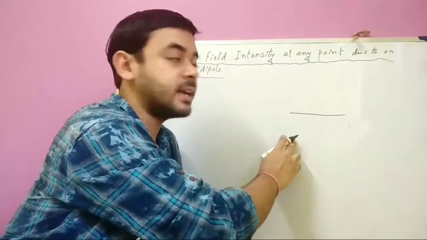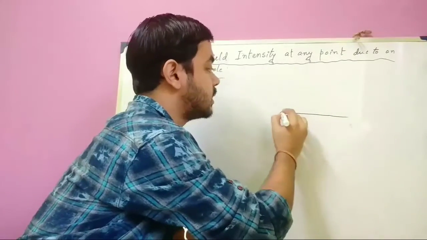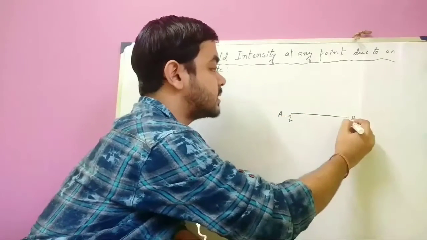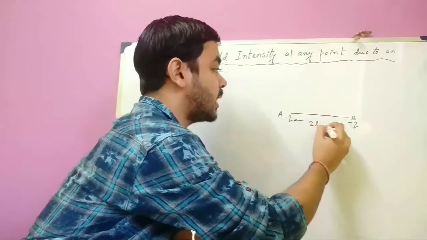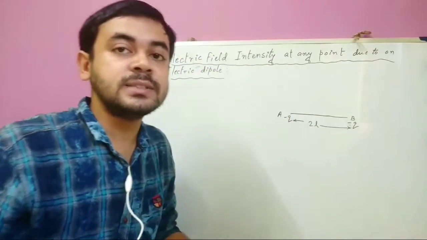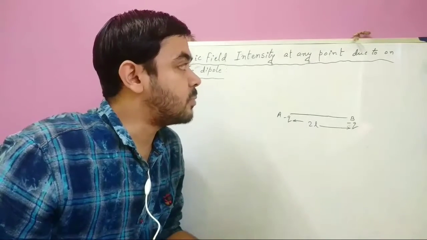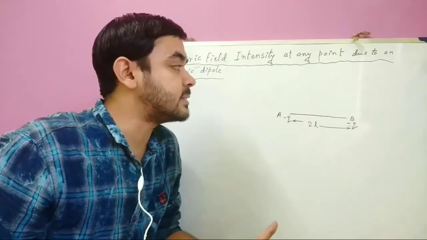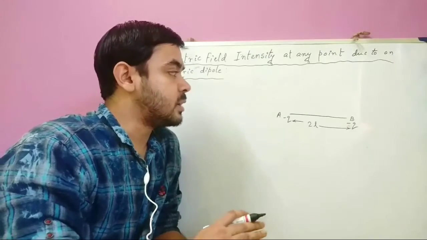Suppose this is the electric dipole. This is point A, point B, minus Q charge is here, plus Q charge is here. The distance between the two charges is 2L. We know what an electric dipole is: a system of equal and opposite charges kept at a small separation.